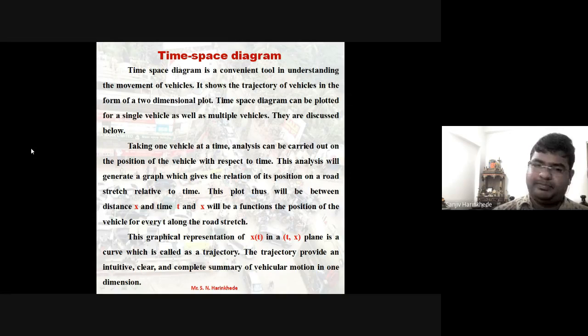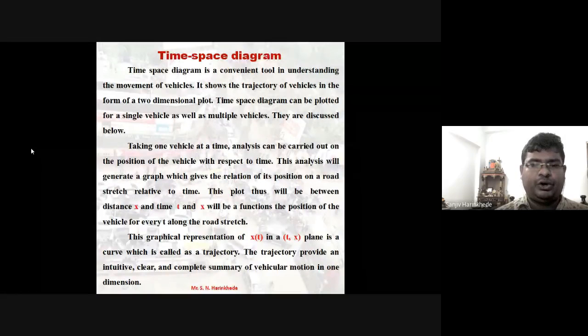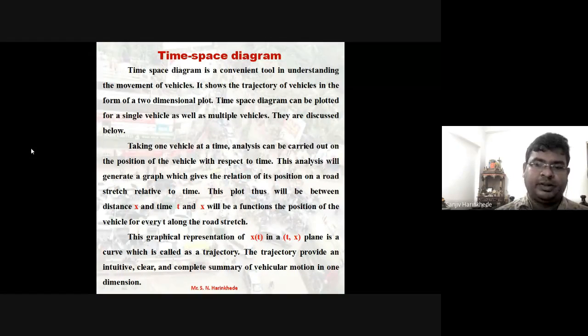They are discussed below. Suppose for a single vehicle, taking one vehicle at a time, analysis can be carried out on the position of the vehicle with respect to time. This analysis will generate a graph which gives the relationship of its position on a road stretch related to the time. This plot thus will be between distance x and time t.